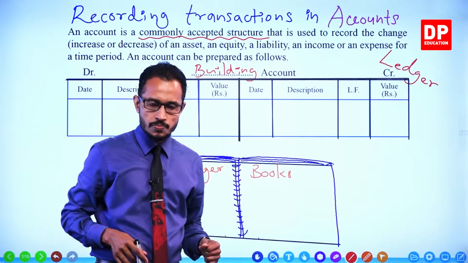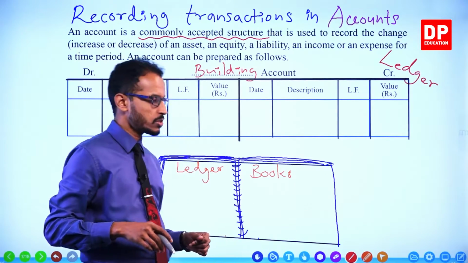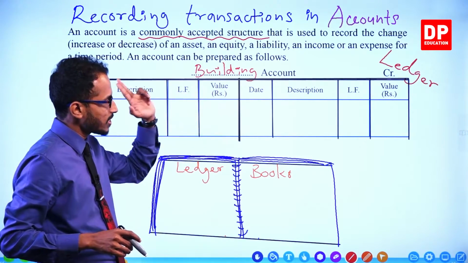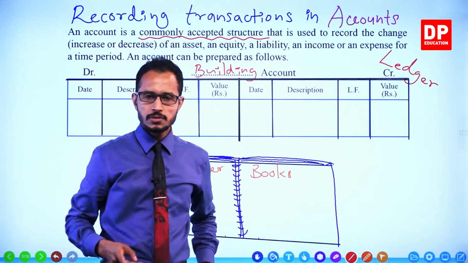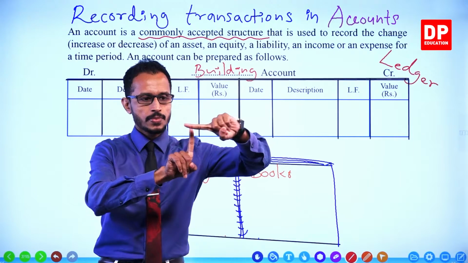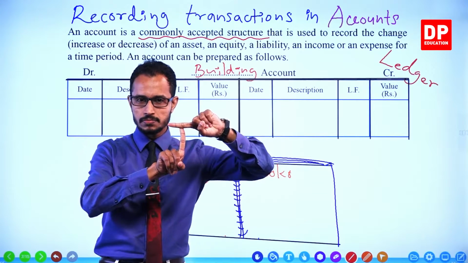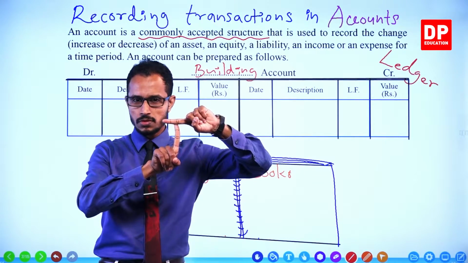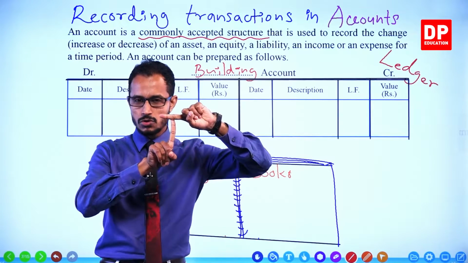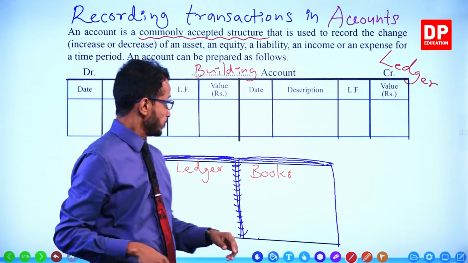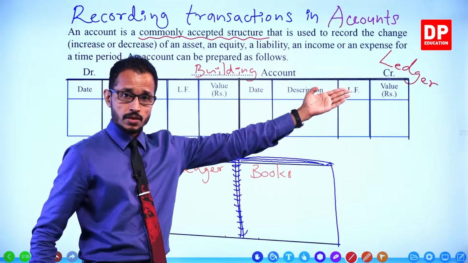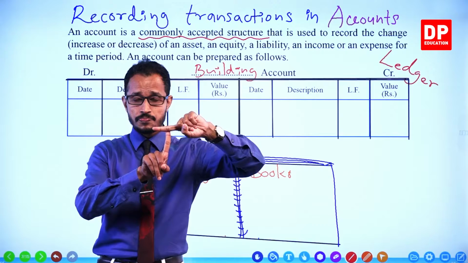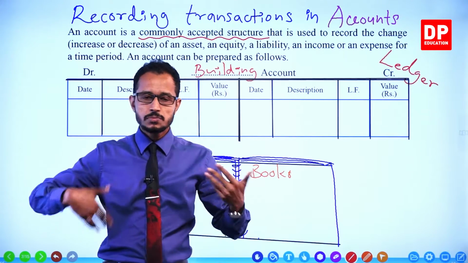I advise you, when you draw ledger accounts, to draw the T format first. Draw the T first. It will be easier for you then. I'm giving you an easy method to draw ledger accounts. When you draw the T format first, how does it become easier?